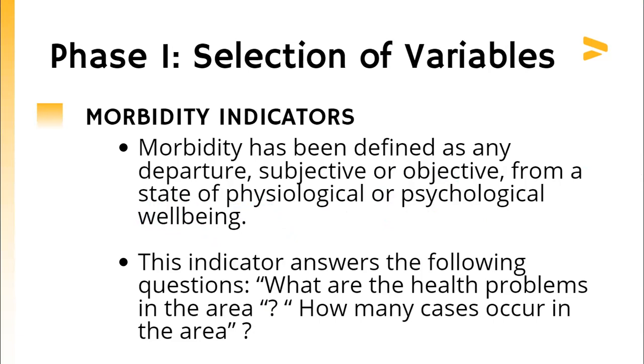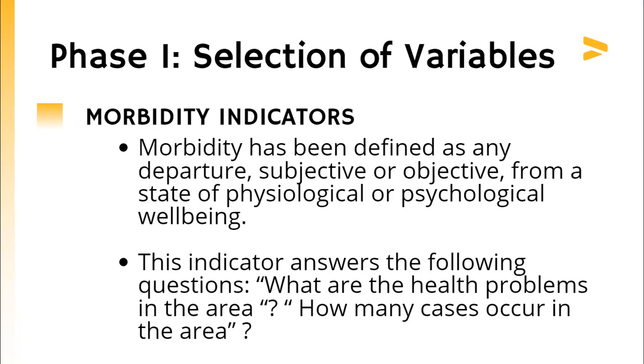For example, the normal body temperature in pediatric patients, in neonates, is 36.5 to 37.5 degrees centigrade. Any values deviating from that normal value are considered abnormal.